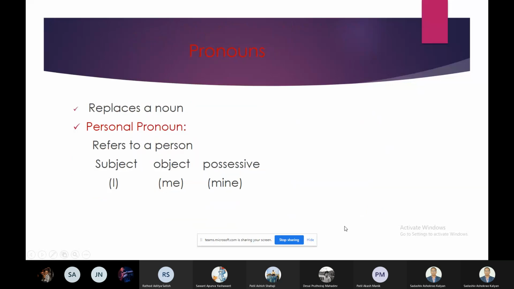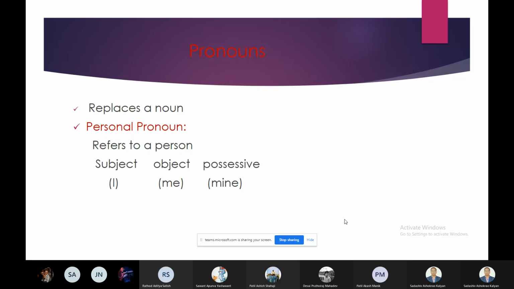Okay, then after this study about nouns, we have another very important part of speech, which is the pronoun. Pronouns are the words which are used instead of nouns, so a pronoun replaces the noun.